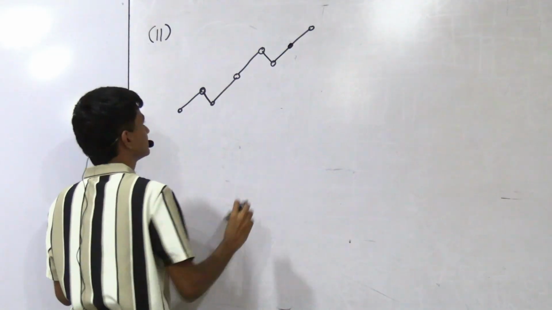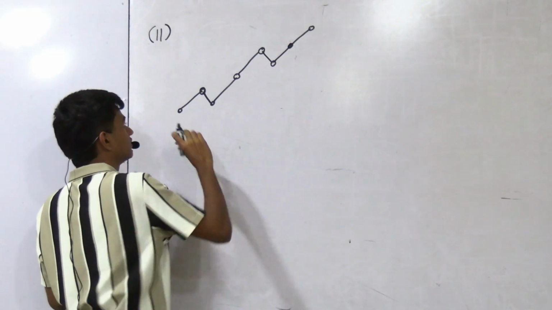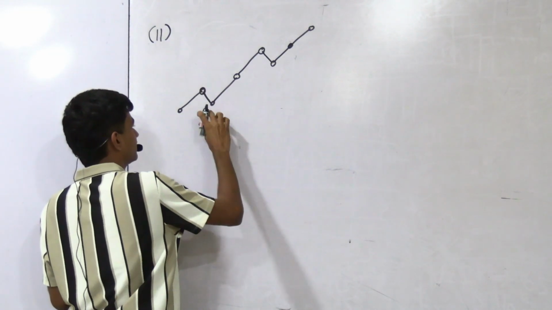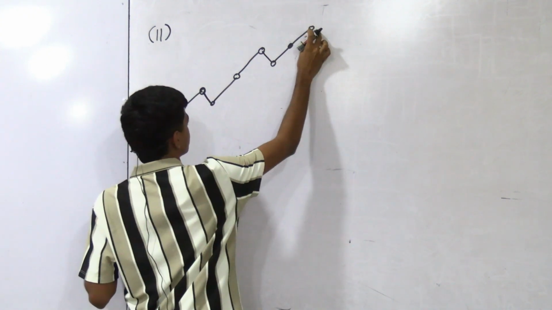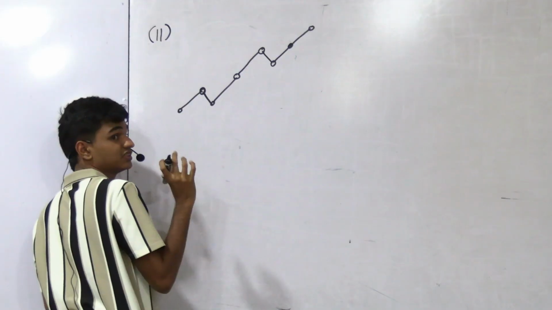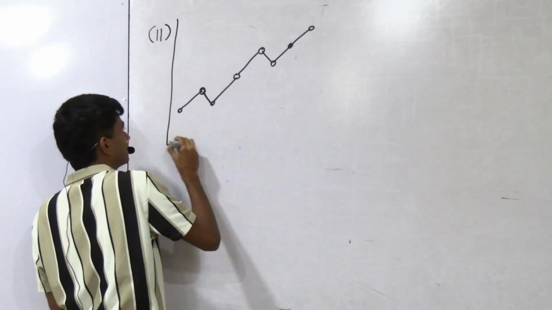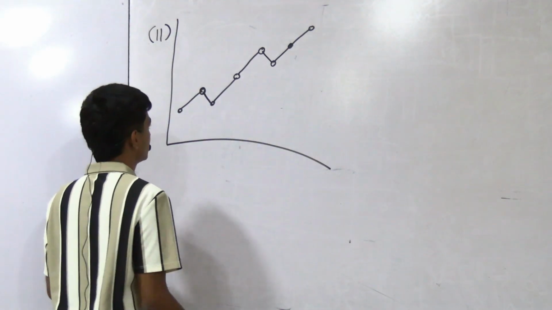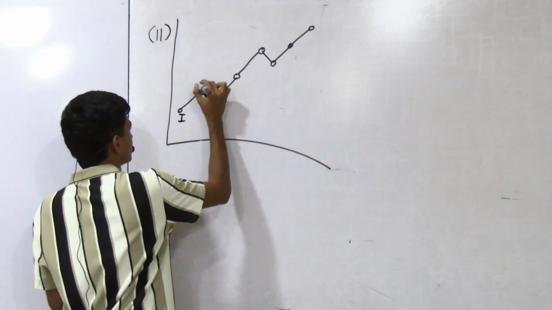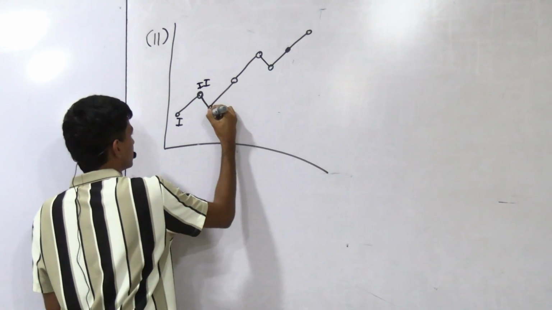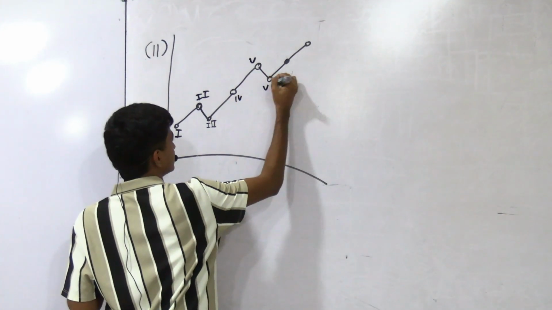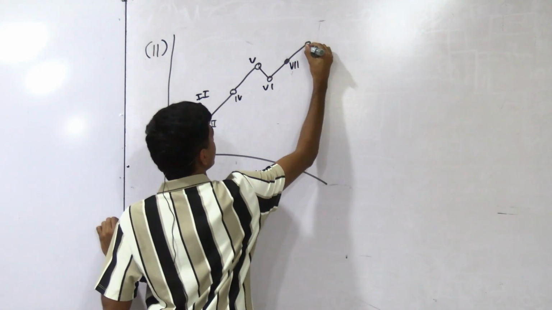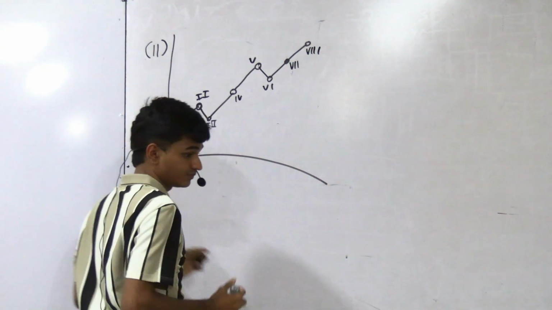For you guys to remember this: 2 ups, 1 down, 3 ups, 1 down, 2 ups again. Remember this pattern, so it will make things easier. So this is group 1, group 2, group 3, 4, 5, 6, 7 and 8.